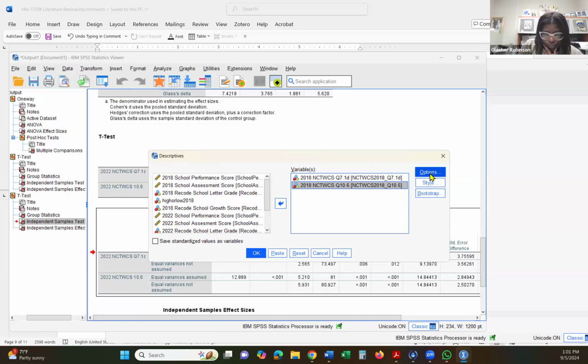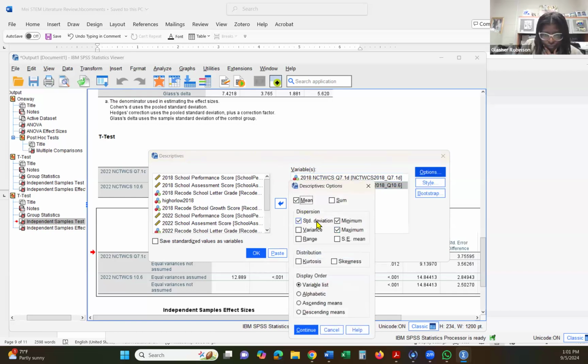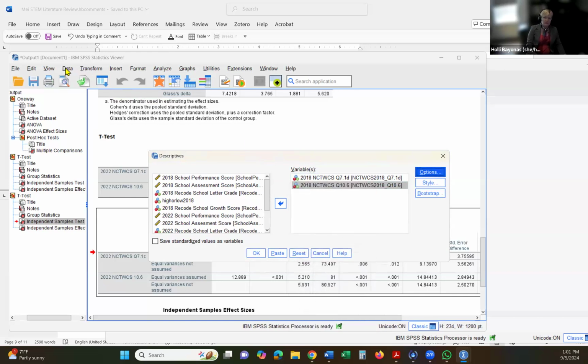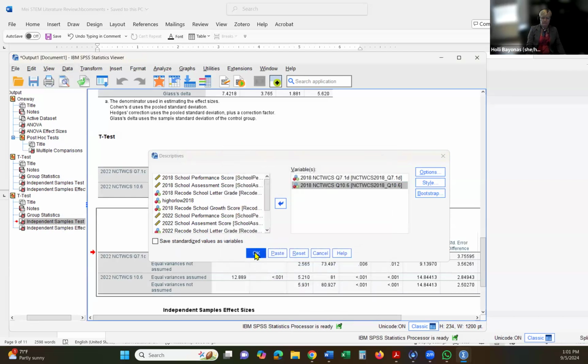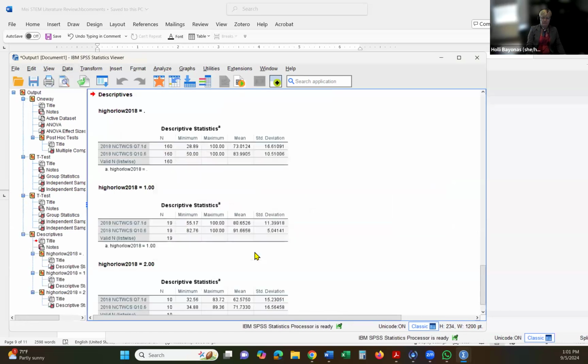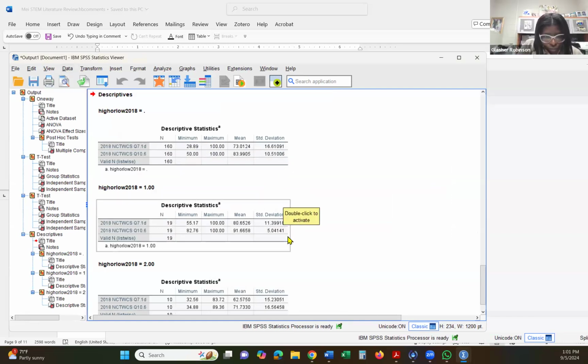Okay. Means. So here we have, yeah, minimum, maximum, mean, standard deviation. Okay. So we're just getting the minimum, maximum added here.